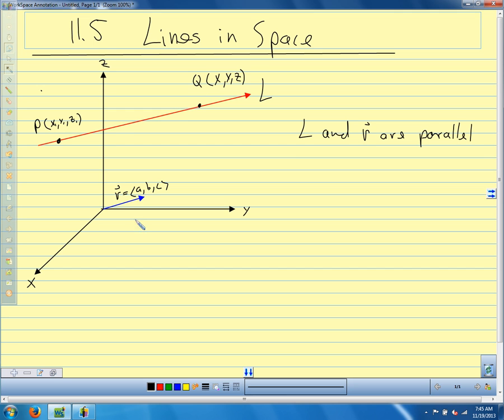We call V the direction vector for this line, because it's in the same direction. And we call a, b, and c, the components, the direction numbers.